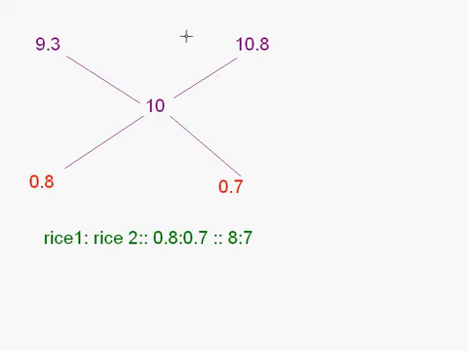You can also interchange these two, like 10.8 over here and 9.3 over here, but then you need to change this also, like rice 2 will be here and rice 1 will be here. So you should always write at the top whether you're doing it for rice 1 first or rice 2 first, similarly variety 1 or variety 2. If you're following the procedure correctly, you will never be wrong.